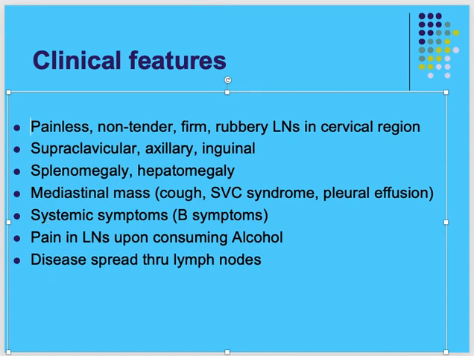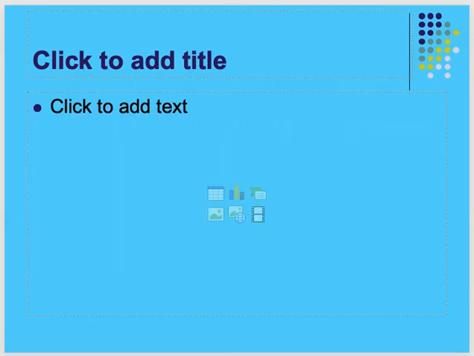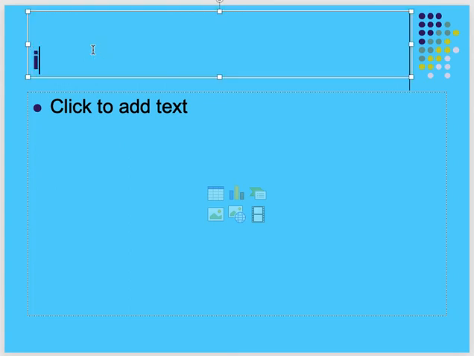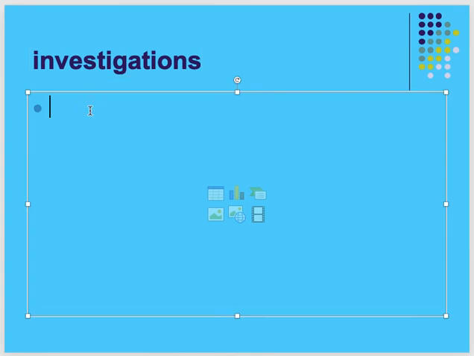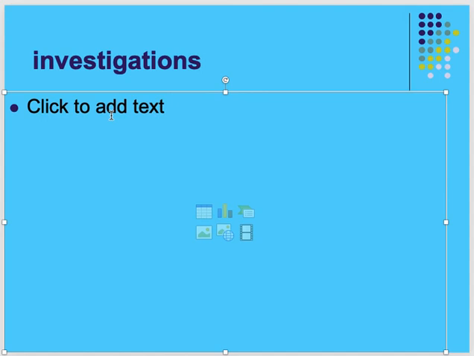And then we go for investigations in these patients. Again, the first investigation in all the lymphomas and leukemias remains the same, a very helpful investigation, guys. That is, of course, CBC. When we go for CBC in these patients, they present with anemia when the disease is chronic, not in the earlier disease.